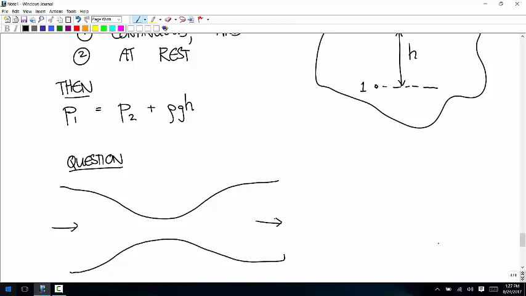And if you measure the pressure in the fluid at those points, you have a high pressure here, let's say here, a low pressure here, and then a high pressure again here.